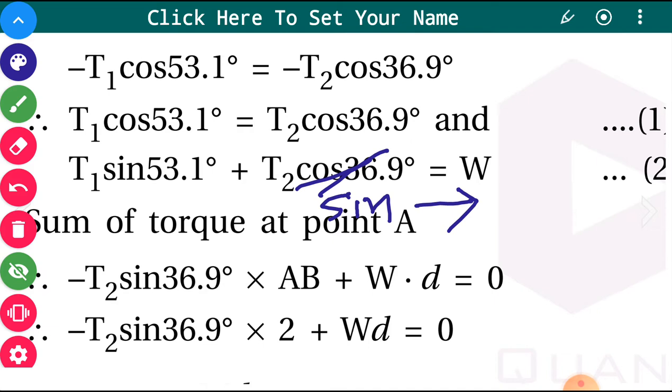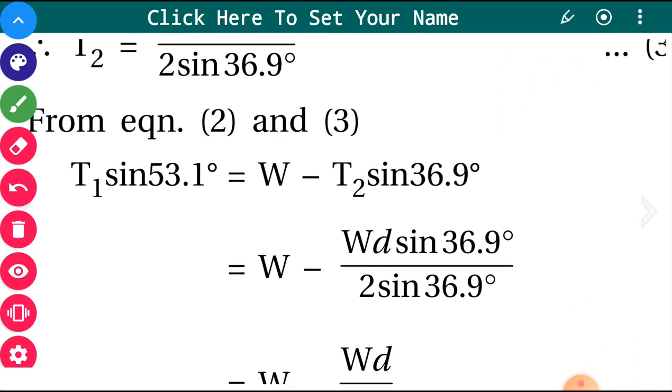You will have T1 sin 53.1 is equal to W minus T2 sin 36.9, and that is written here.